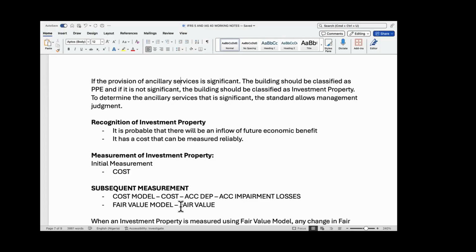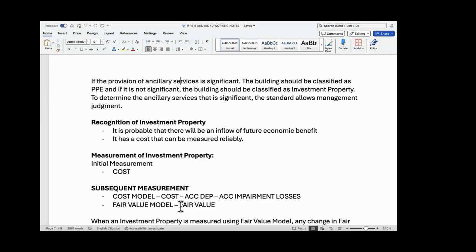Like if you own a hotel, the ancillary service there is significant. So if you own a hotel, that hotel is clearly PPE because the provision of ancillary services is significant. You provide them everything. You just pay.